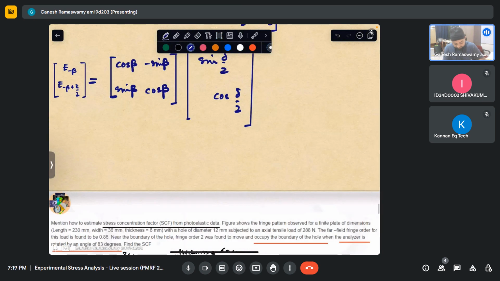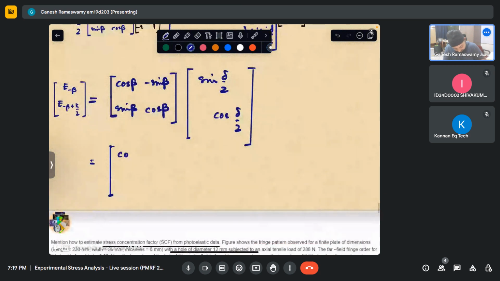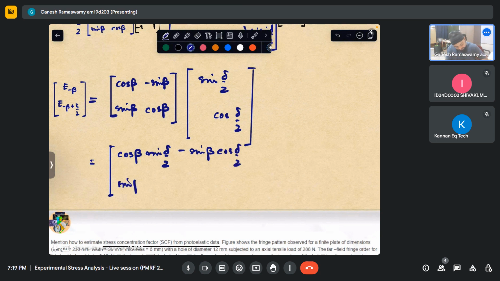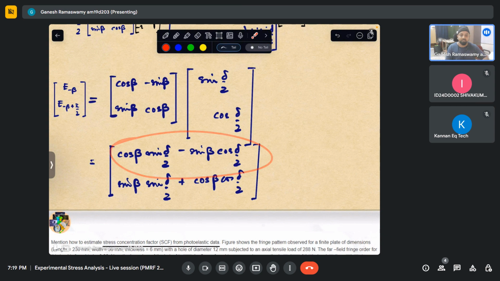So let us multiply this out. This is cos beta sine delta by 2 minus sine beta cos delta by 2, and then this will be sine beta sine delta by 2 plus cos beta cos delta by 2. But we are only interested in the first quantity, since that is what comes out as the light out of the analyzer, as we discussed before.